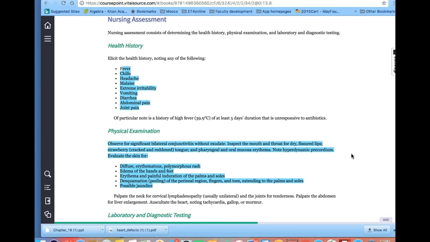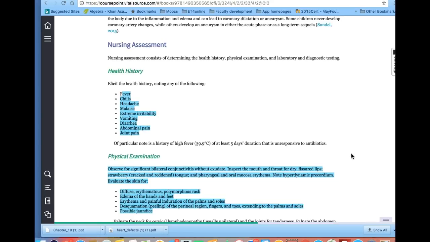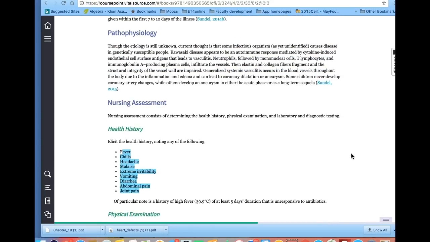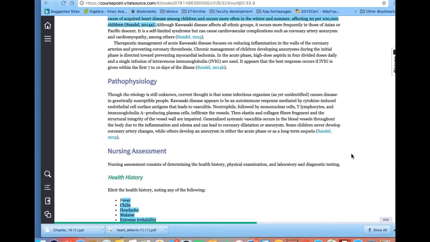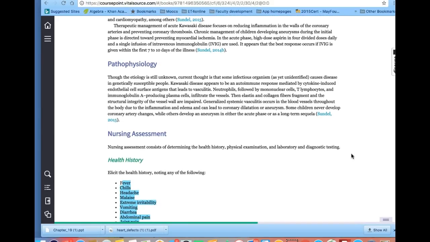You look at that tongue. If it's a strawberry tongue, and that's exactly what it looks like, like a strawberry, then you might think about Kawasaki. And then just know that the outcome from Kawasaki can be coronary artery aneurysms or cardiomyopathy. That's why they treat with aspirin and IVIG.